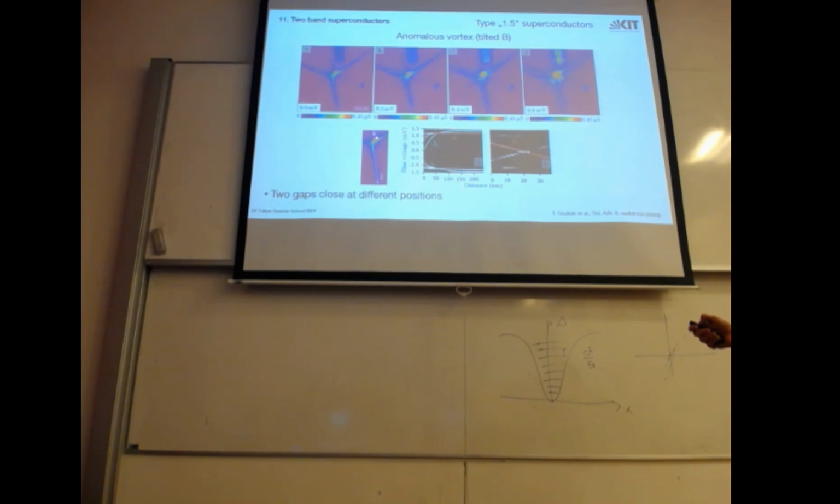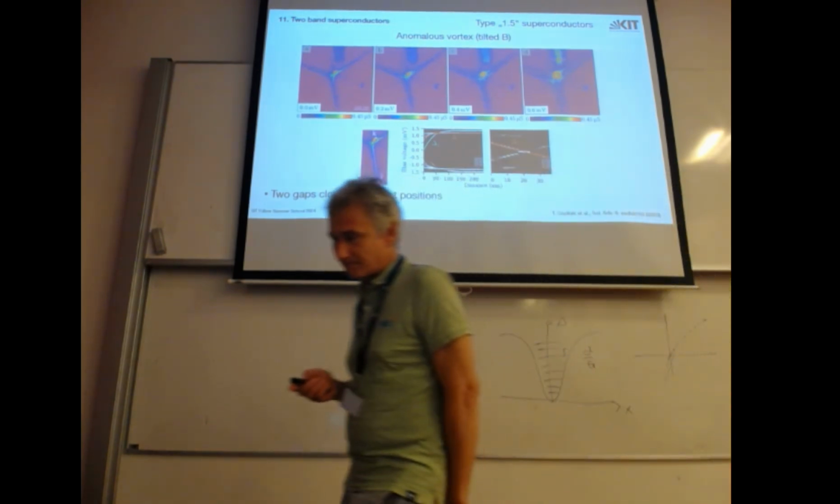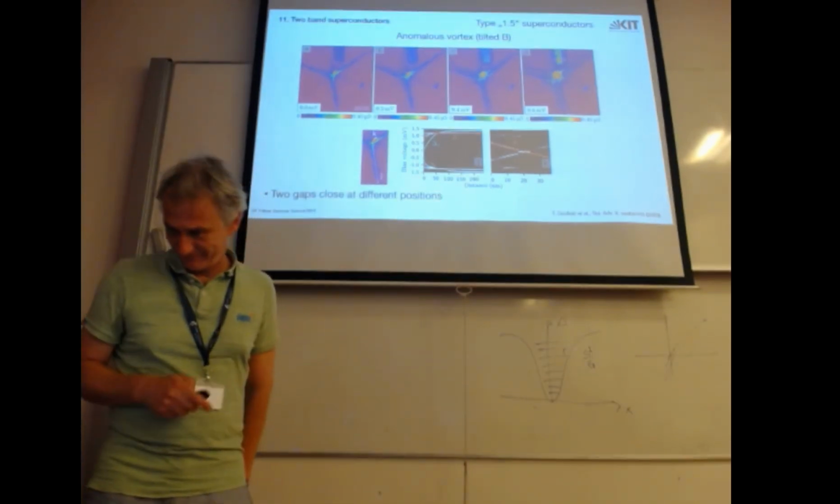But it goes to 0 at this point K. So if we go from here to here, you can see delta 1 also goes to 0. So we have really two band condensates. We have only one magnetic field, but we have two really separate condensates. This is all published.